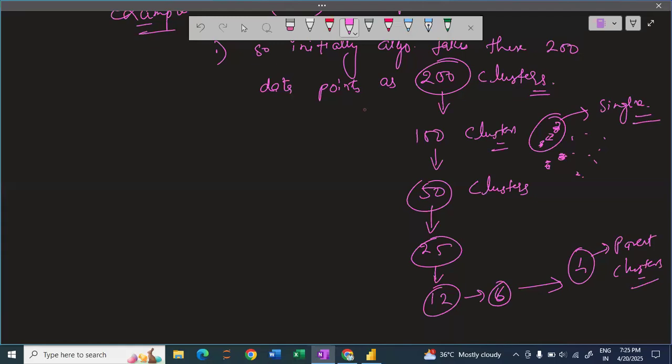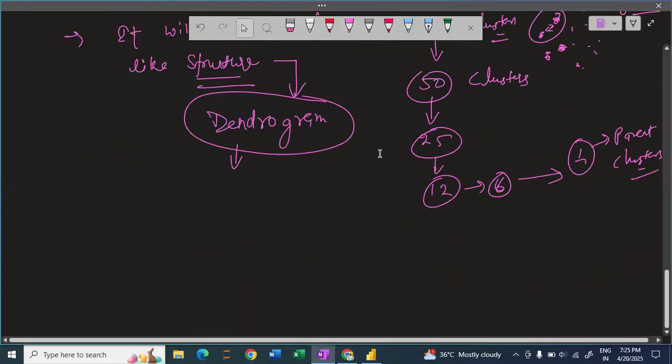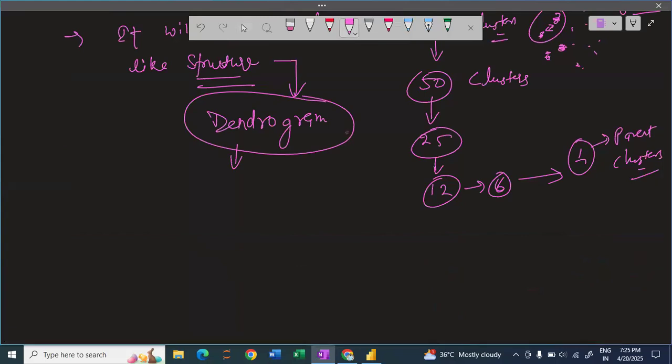It will make a tree-like structure, and the tree-like structure is called a dendrogram. And this dendrogram helps you to identify the optimal number of clusters, that is, how many clusters are suitable for our data set or for our model.